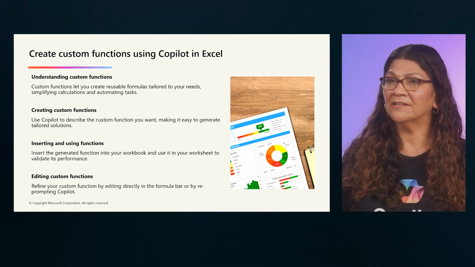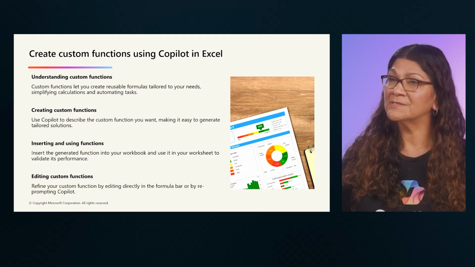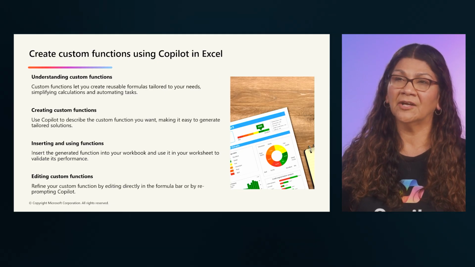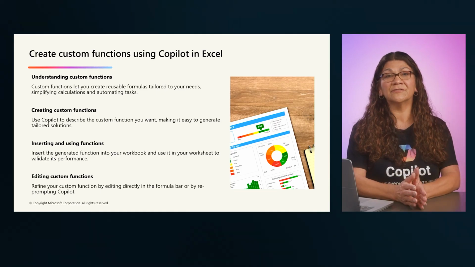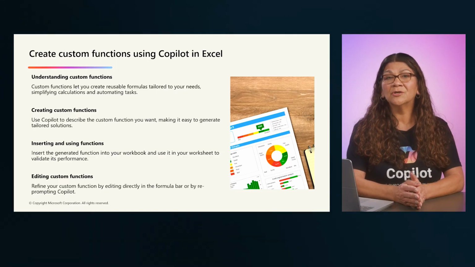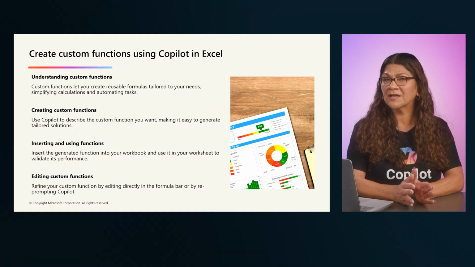A financial analyst evaluating multiple investment projects, who needs to calculate the internal rate of return repeatedly for different cash flow scenarios, could prompt Copilot with something like this: create a custom function to calculate IRR for these projects.